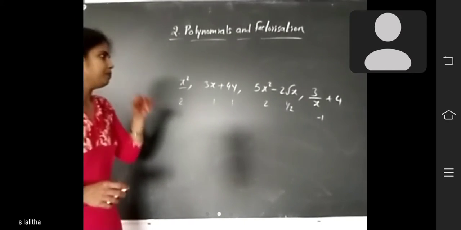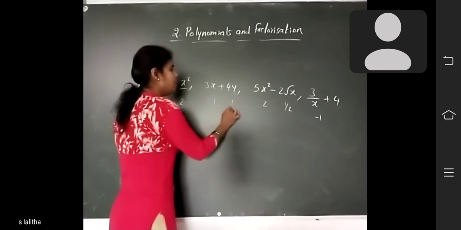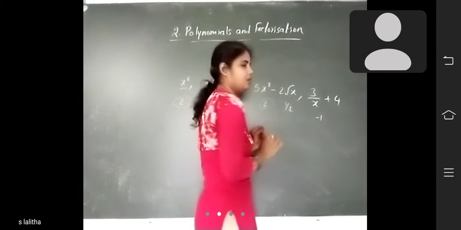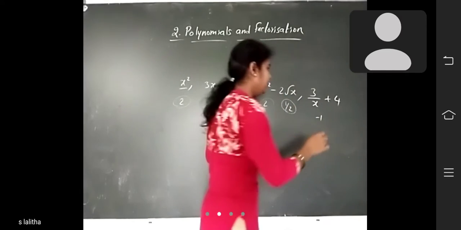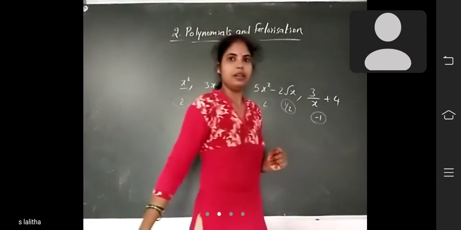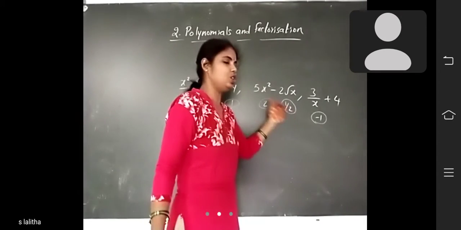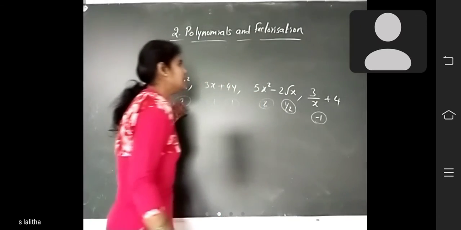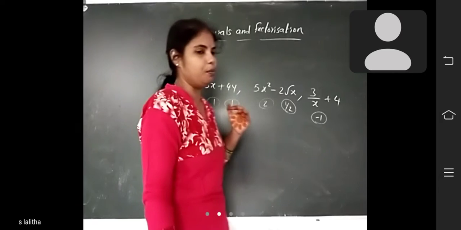Okay. Now, 2, 1, these are all positive numbers only. But here a rational number is there, and here a negative number is there. So those expressions are not polynomials. Okay, what is called a polynomial, children?